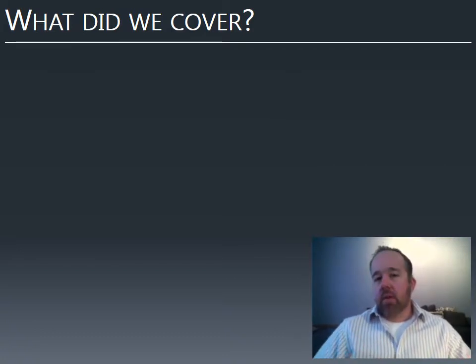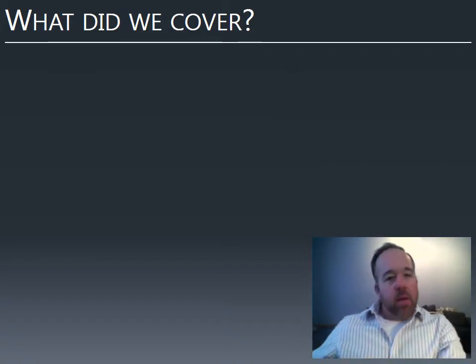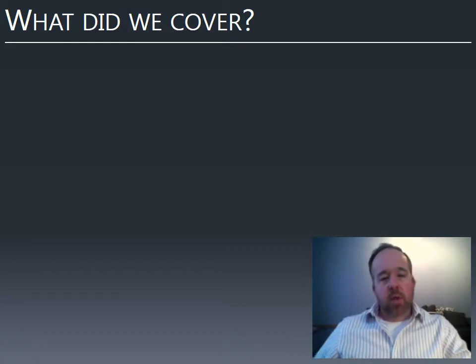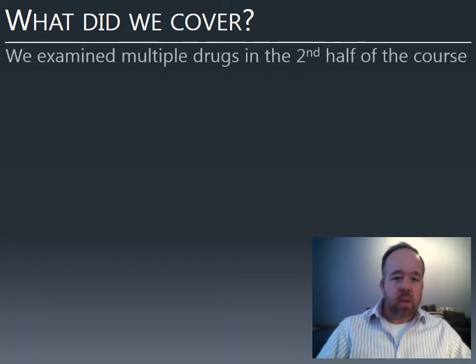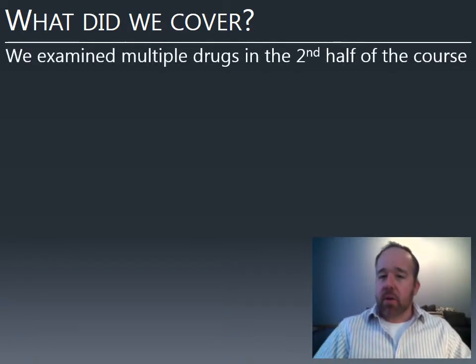Okay, so I've given you the starting point and the end point in the course for what the final exam will cover. But let's just list everything just to be on the safe side. So we looked at a lot of different drugs and classes of drugs in the second half of the course.